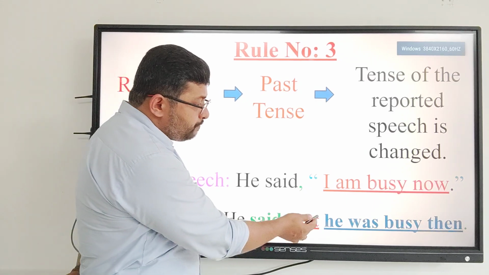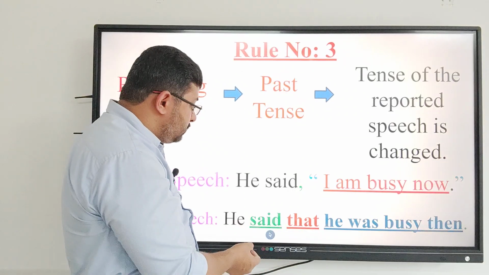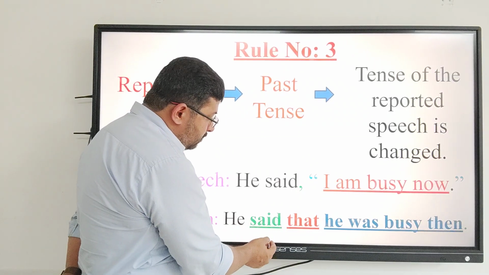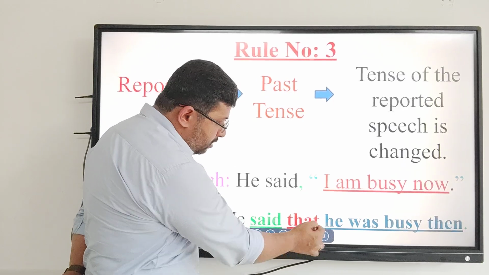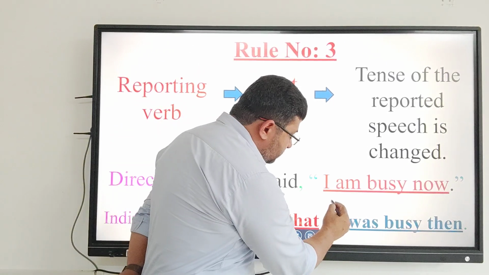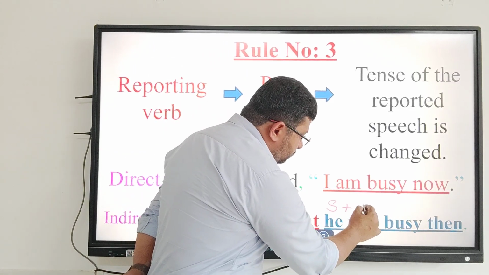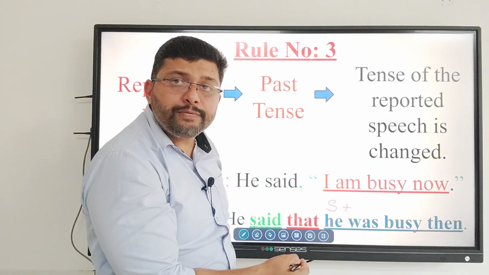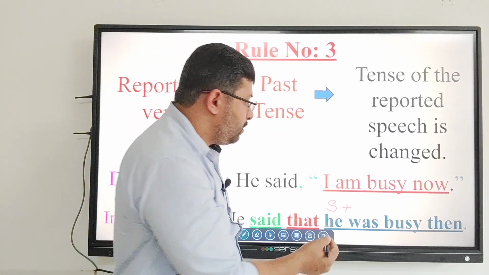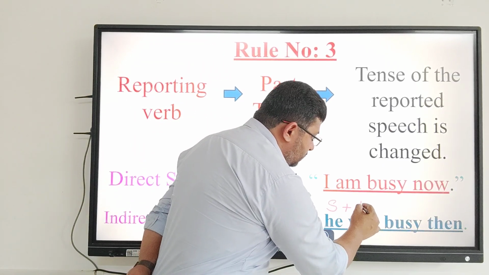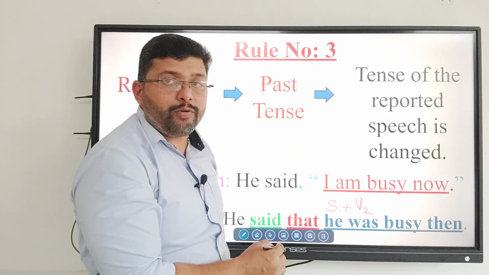He said that he was busy then. He was busy then. So here some features are like "said", up to here we leave. Here, the subject. Was is the past tense of? Come on. Was is the past tense of? Yes, is, which means it is in the second form.